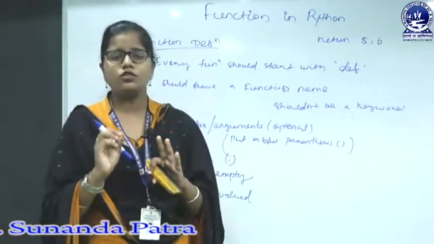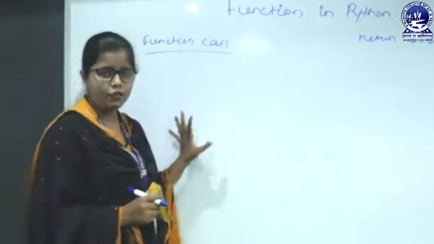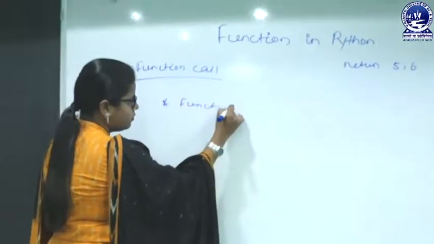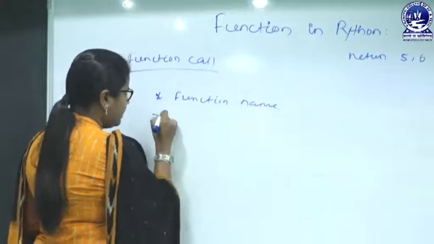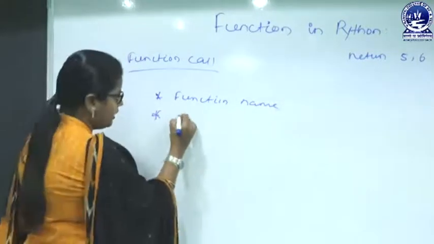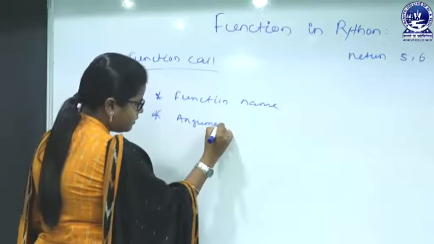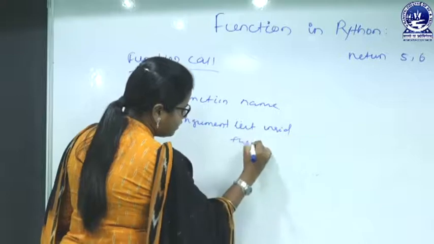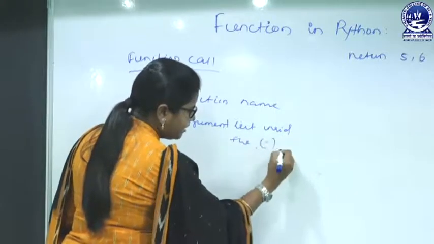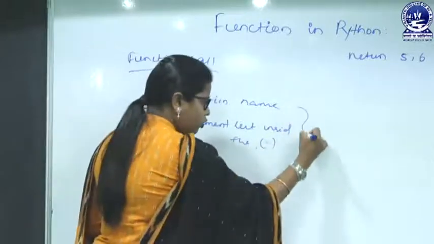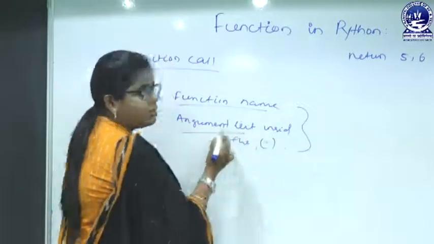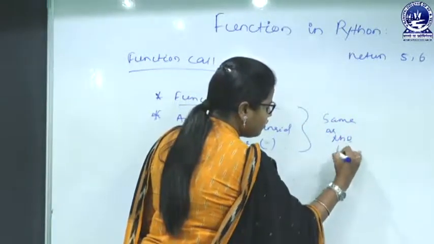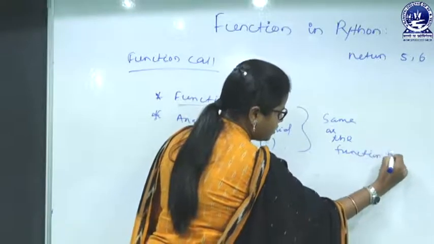So let us see how to call a function. In the case of a function call, first we have to write the function name, then the function name will be followed by the argument list inside the parentheses, and both the function name and the argument list will be the same as in the function definition.